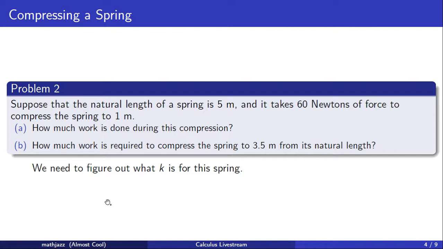So now that we know where we're going, which is we're going to try and find a force function, and we're going to integrate it with respect to distance. To get that force function, we need to know what the spring constant is. So we need to figure out what k is.